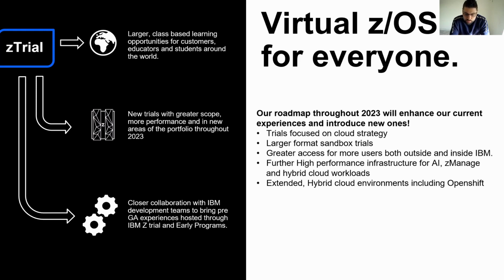There's going to be a lot of focus on making sure that the trials that we put out aren't just reflecting the current state of a product, but also exposing users to the pre-GA code for that product before it's released, both to allow users to understand what is coming, but also to get their feedback.